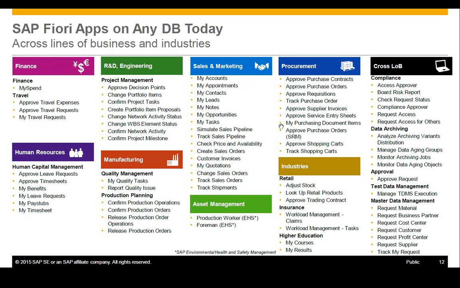There are quite a few in procurement as well. Approve purchase contract, approve purchase orders, approve purchase requisition, track purchase orders, approve supplier invoices, and in manufacturing, in which you have quality, production planning, and of course, always in HR, approving leave requests, approving timesheets, looking at my benefits, leave request, pay stubs, and others.